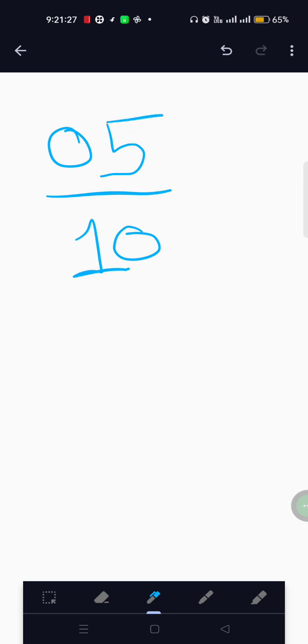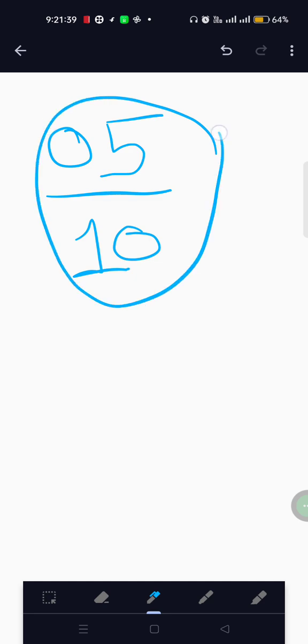In that form we will represent how you performed in an examination. That form is called a fraction form. So you got 5 marks out of 10, and this form which represents your marks and your performance is a fraction form.